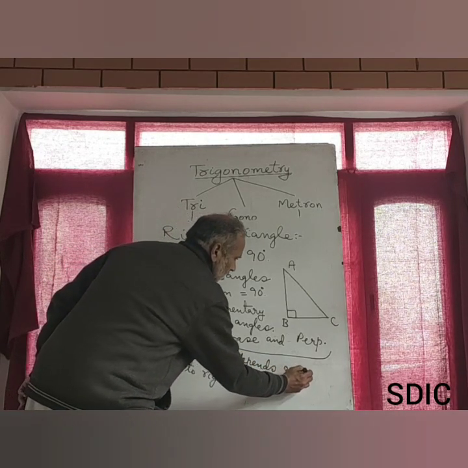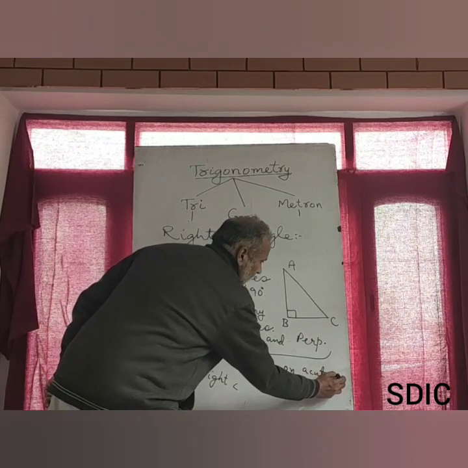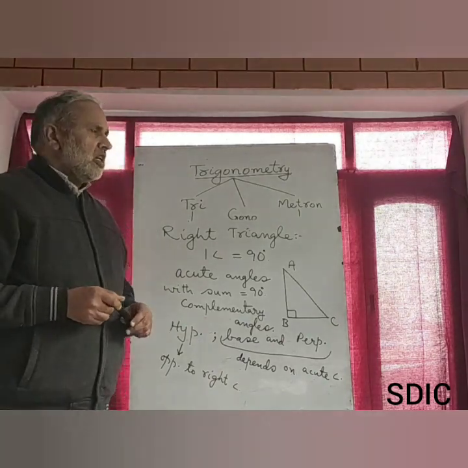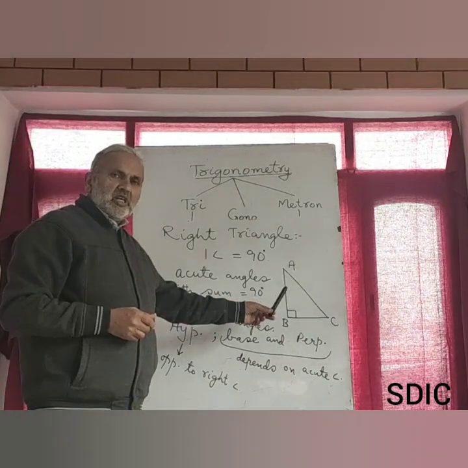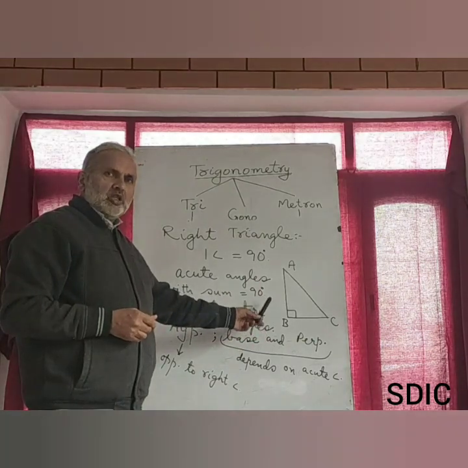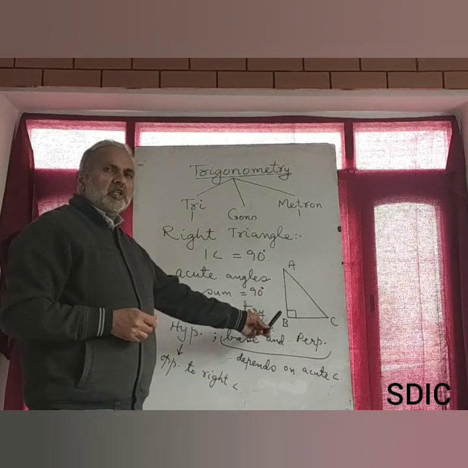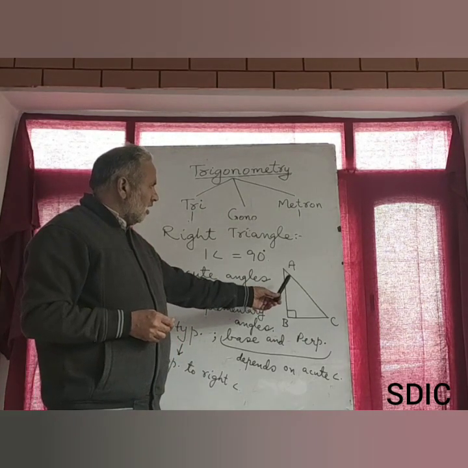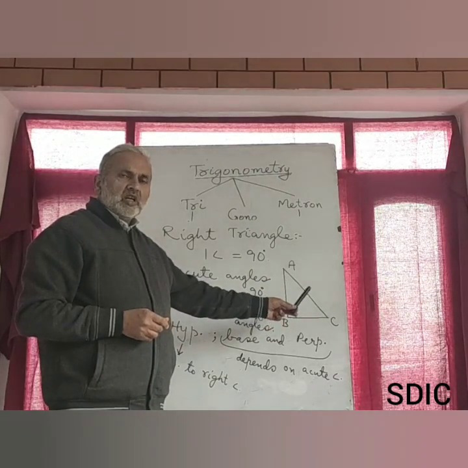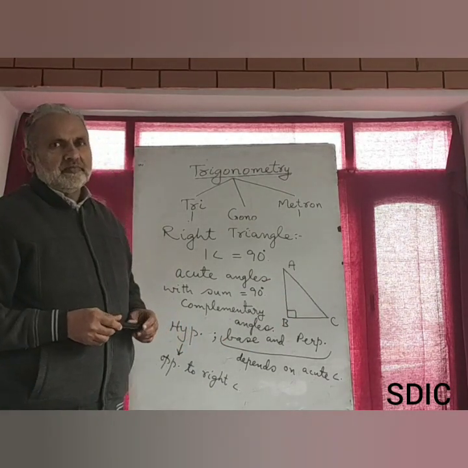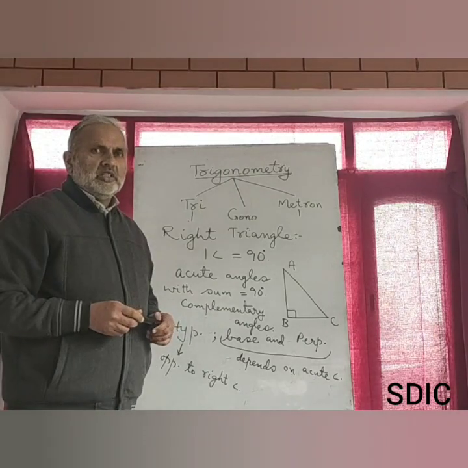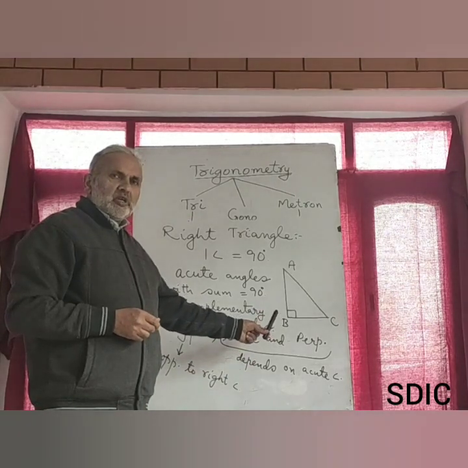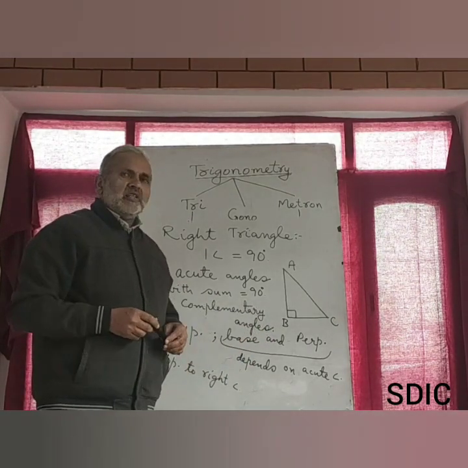Therefore, to decide this, you have to choose one of the acute angles. We find the two acute angles here are angle A and angle C. You have to choose one of these, and on the basis of that acute angle, you can decide which will be called base and which will be called perpendicular.